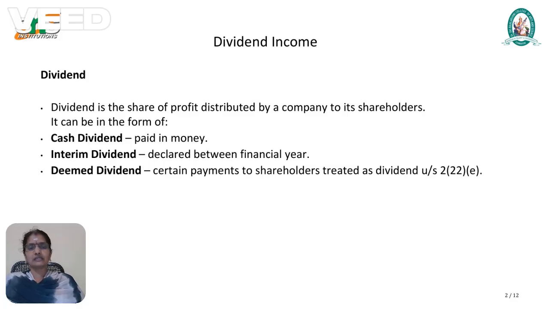So these are the three categories of dividend provided to shareholders. First is cash dividend, paid in terms of money. Second, interim dividend, declared during the financial year. Next, deemed dividend, a payment treated as a dividend to the shareholders.